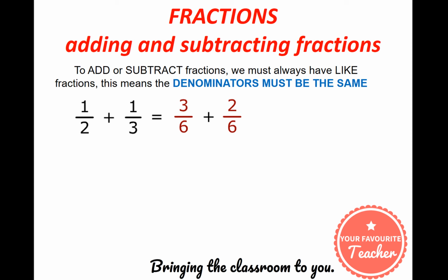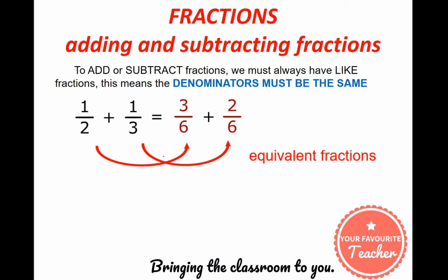So the equivalent denominator for both of those fractions would actually be 6 in this case. So those are the equivalent fractions for 1/2 and 1/3. They both have the same denominator now, so I can now add the numerators. So the numerator is 5 if I add the 2, and the denominator is 6. So I have 5/6.